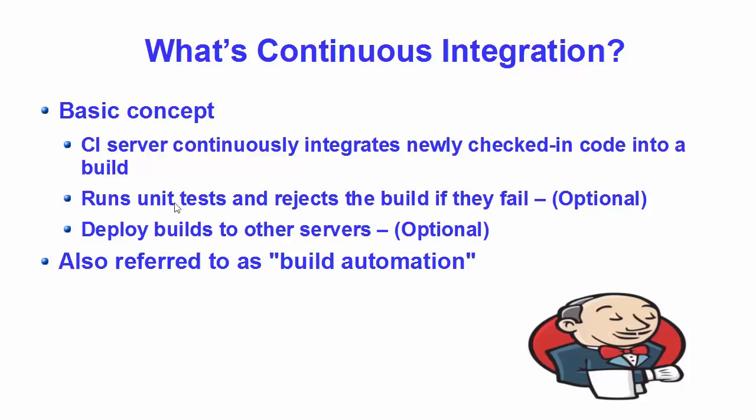Now for example, if your unit test or whatever test or build you are making is successful, then the continuous integration system is going to deploy your build to other servers. So continuous integration is also referred to as build automation. You may ask, what does this really mean? At a regular interval, ideally on every commit you make in your version control system, your continuous integration system is going to integrate your code.